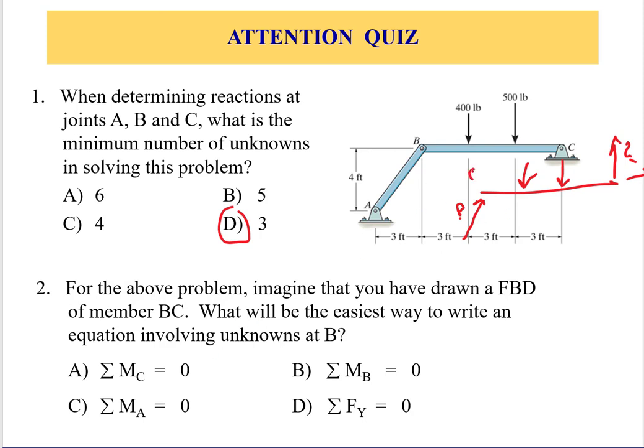So what is the easiest way to calculate the force FAB? If you apply the moment about C, these forces will cancel. You have only one equation with the unknown FAB. So therefore, the easiest way is to apply the moment about C. So the answer is A.